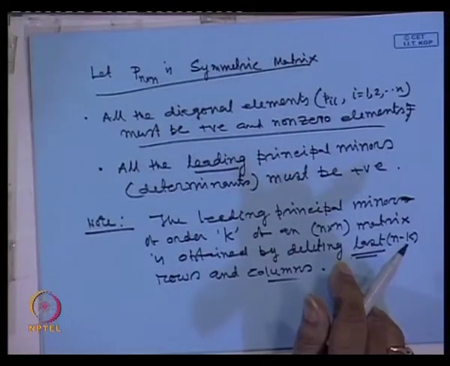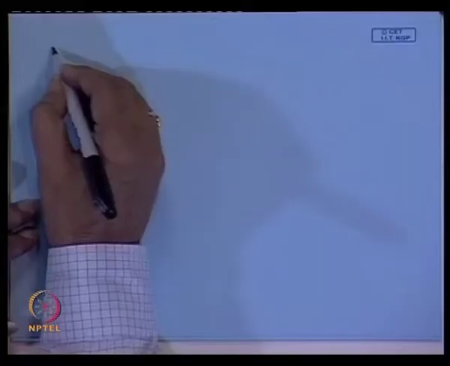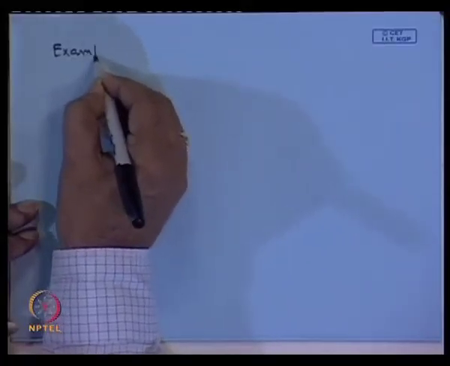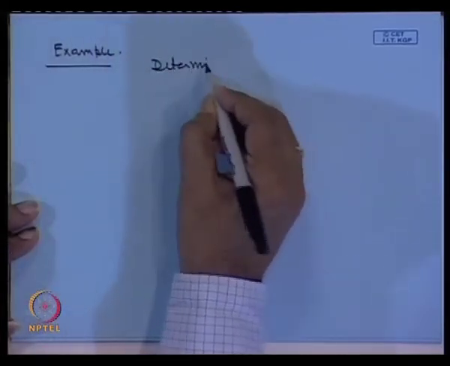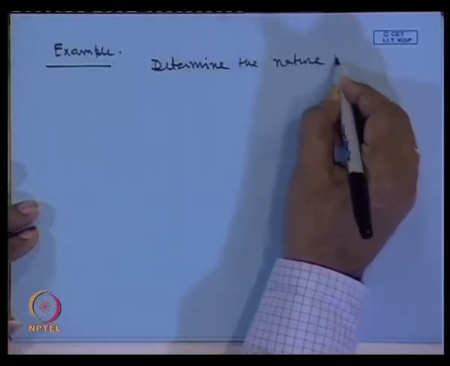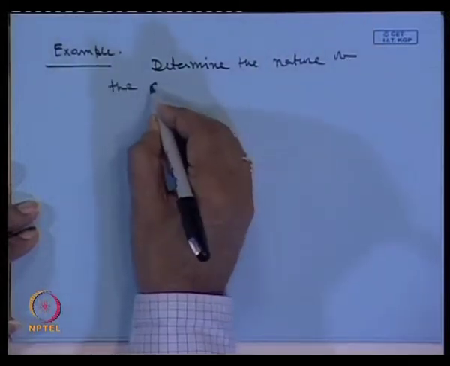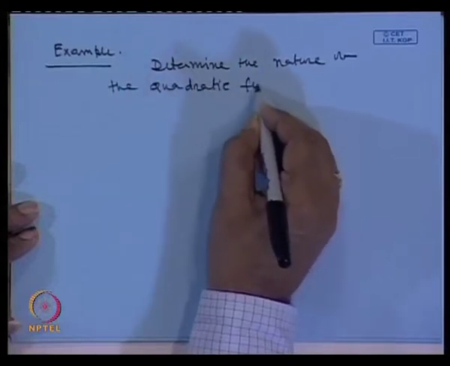So, let us take an example and check how this test can be done, whether a matrix is positive definite or not. Consider this example: determine the nature of the quadratic function.